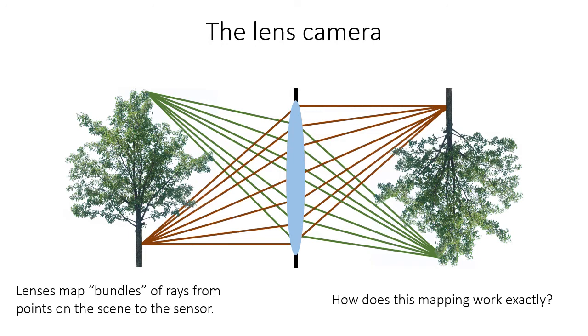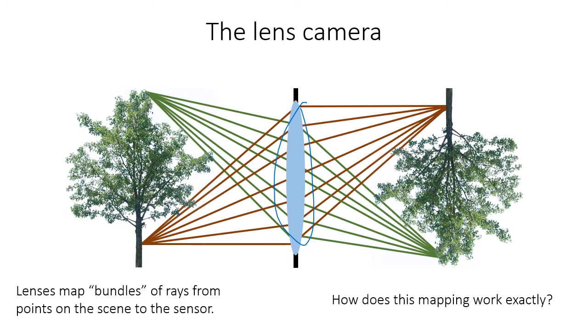So instead of those pinholes, we use this lens. This lens maps a bundle of rays from a point of the scene to the sensor. So when we make this lens well, it can make a good approximation to the pinhole camera model.